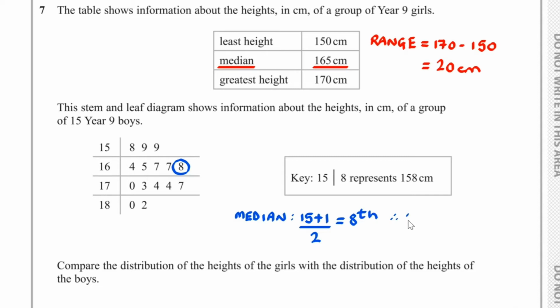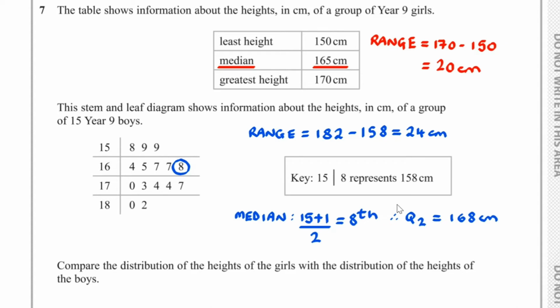So the median, we'll call it Q2 for a sec, is equal to 168 centimetres, and the range is equal to the largest value, 182, subtract the smallest value, 158. It turns out the range is 24 centimetres for the boys.